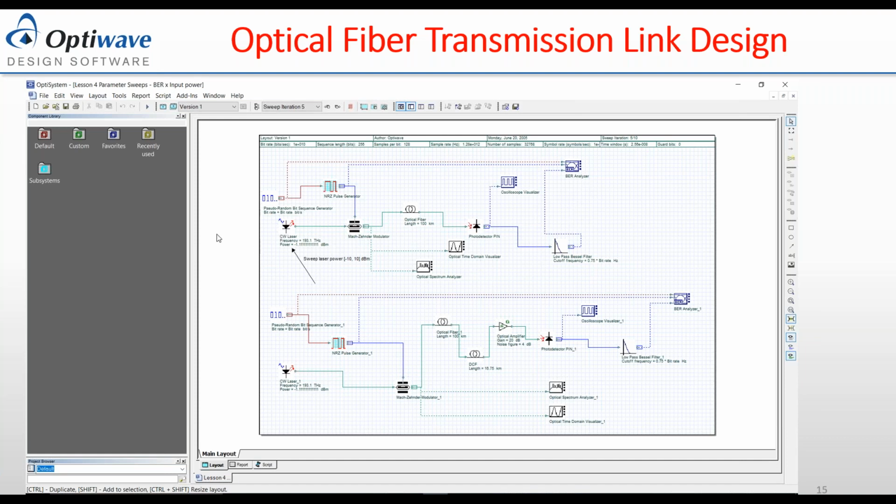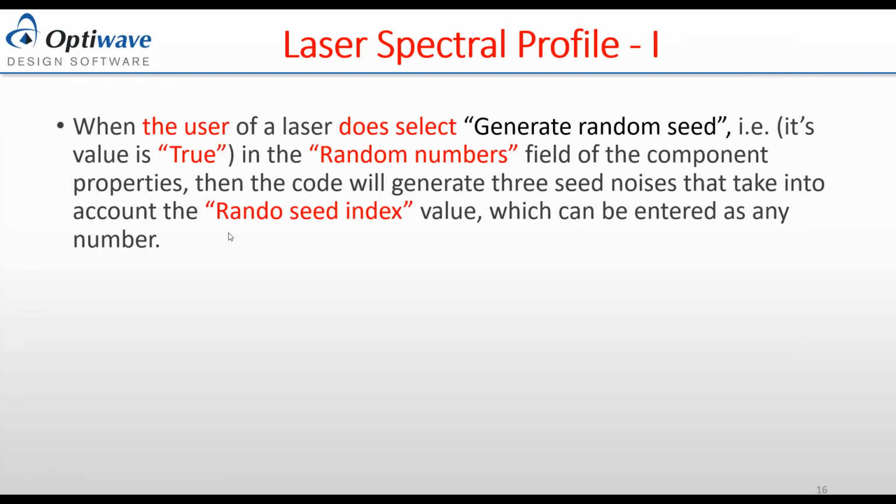So one of the things which is important to look at right now, I'm going to show you how to see the effect of randomness with the laser diode. On the laser diode, we have a feature where you can control the randomness numbers, called generate random seed.